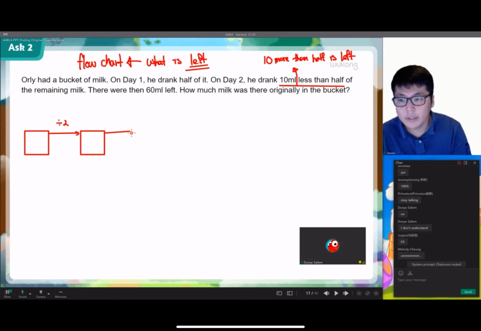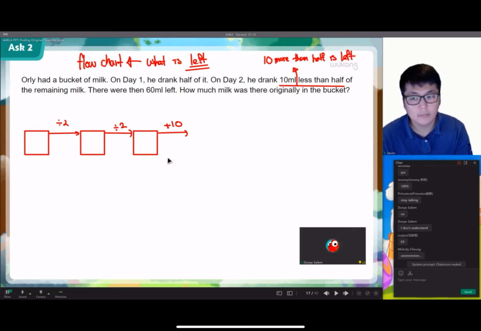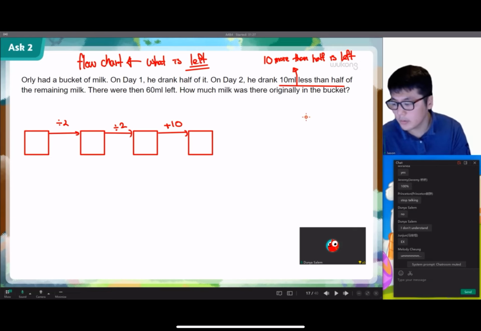So that's why you need to half it first, because you always half it first, Tanya. Remember that as well. And then 10 more means you need to add 10. Okay. And now, after all of this, how much milk was left? Can you read the question? How much is left? There were 60 milliliters left. Exactly.